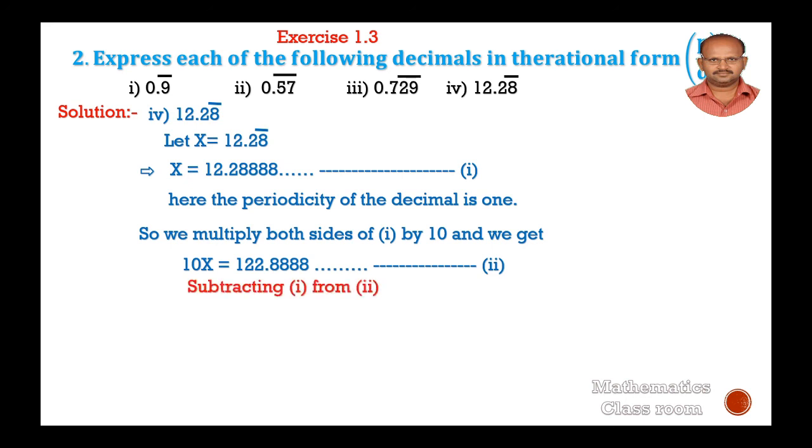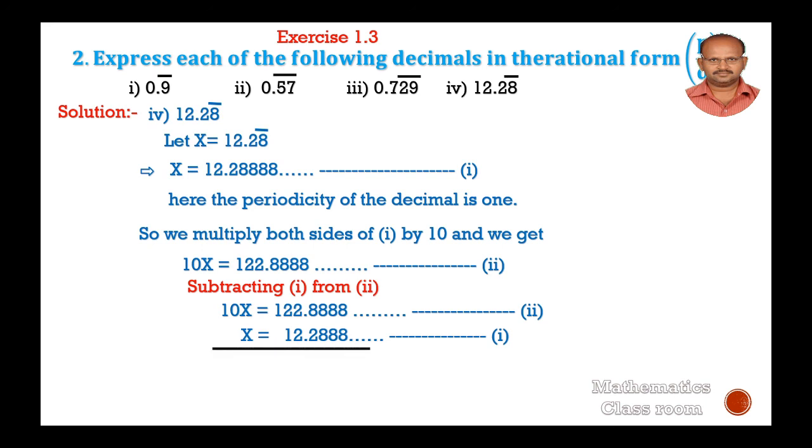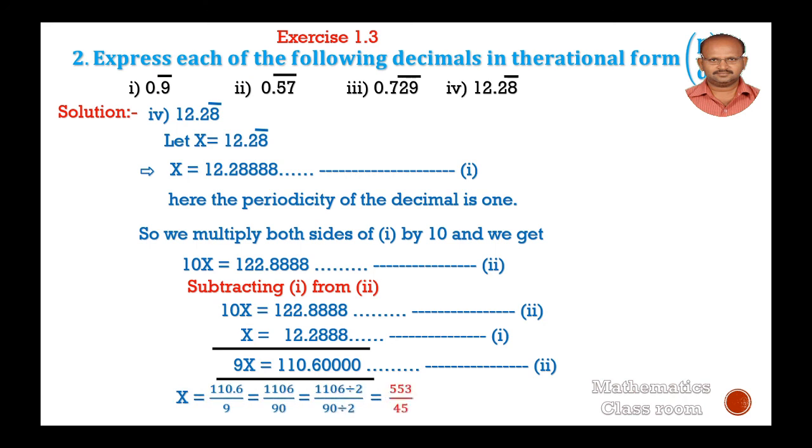Subtracting 1 from 2, 10x is equal to 122.888 and so on. Then x is equal to 12.2888 and so on. It is equation number 1. Subtracting, 10x minus x is equal to 9x is equal to 110.6. x is equal to 110.6 by 9.